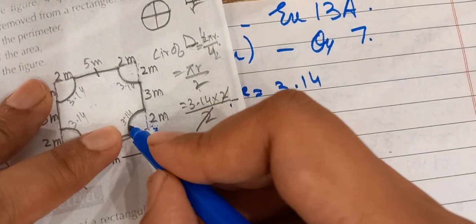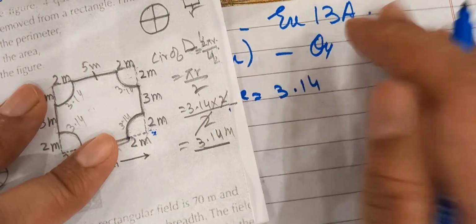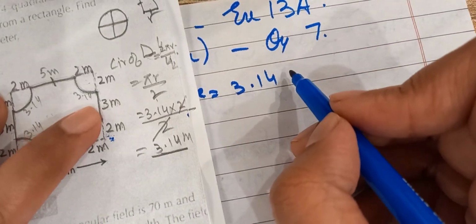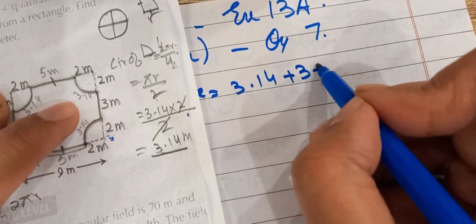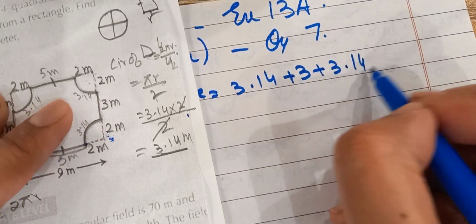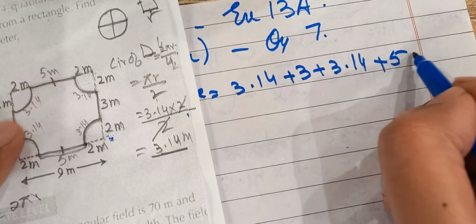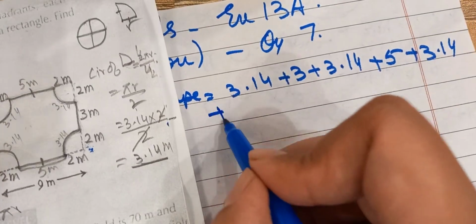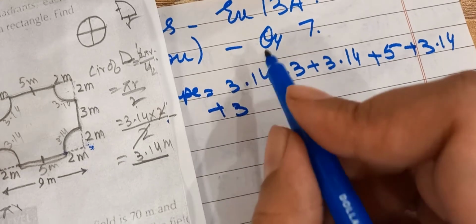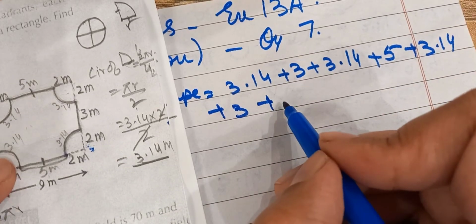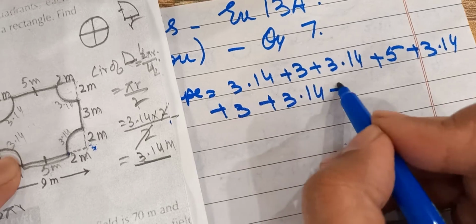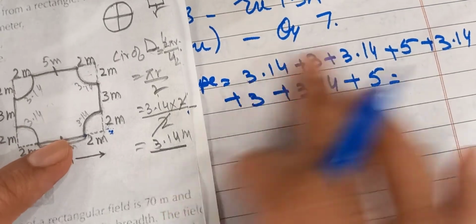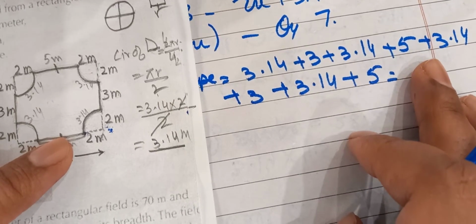Just mark this, otherwise one forgets from where we have started. 3.14 plus 3 plus 3.14 plus 5 plus 3.14 plus 3 plus 3.14 plus 5. This is one of the ways of doing that.